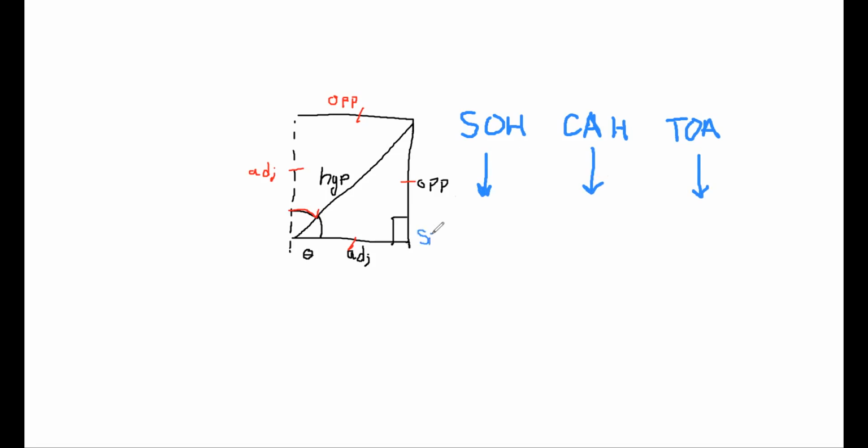Sine of theta, that part's important, equals OH, opposite divided by, or over, is how most people would say it, hypotenuse. This one here states that cosine of theta is equal to, and this is AH, adjacent over hypotenuse.